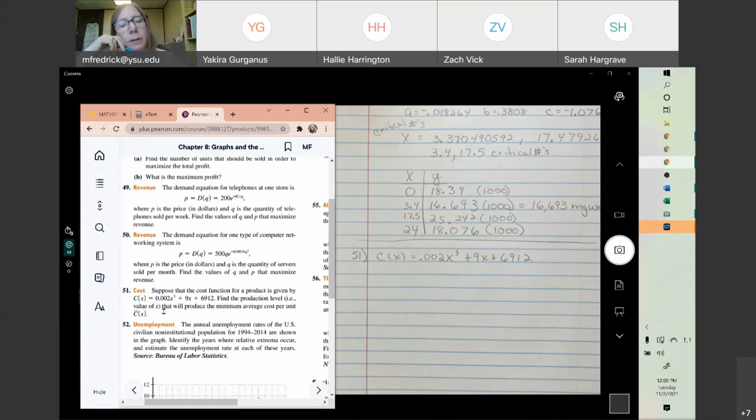So suppose the cost function for a product is given by this. Find the production level, i.e. the value of x that will produce the minimum average cost per unit.